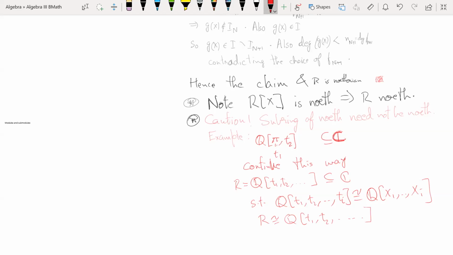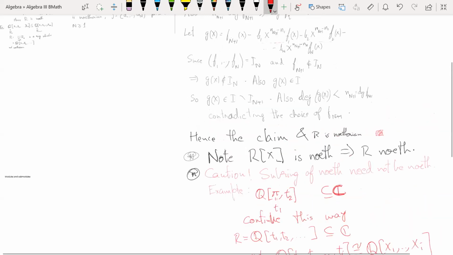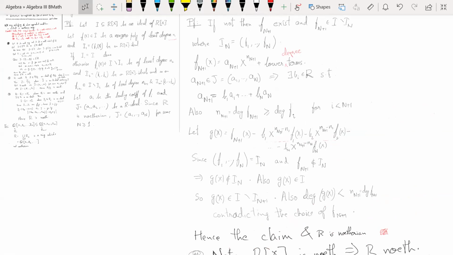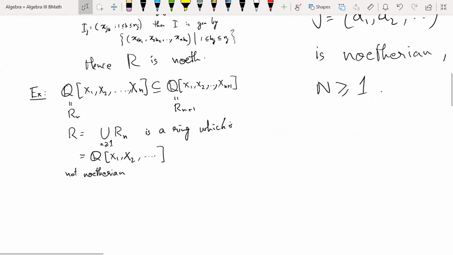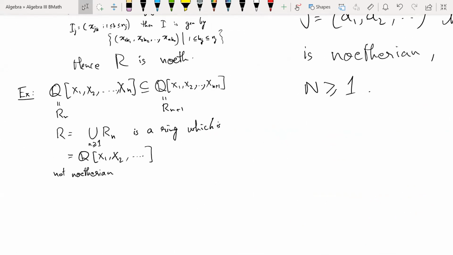So this is not Noetherian, and of course it's a subring of C, which is a field and hence Noetherian. Or another way to think about it: you can prove that R, the ring which we constructed, is an integral domain, because each of these R_n is an integral domain, so their union is also an integral domain.